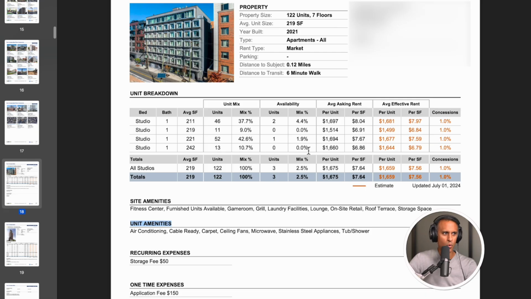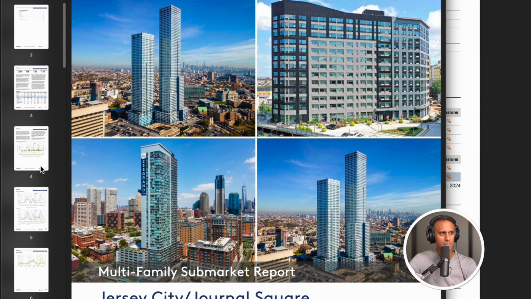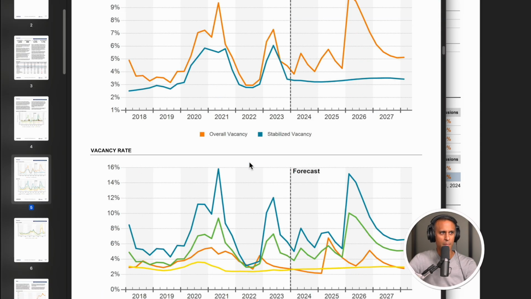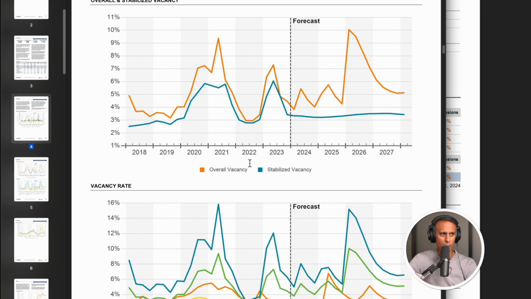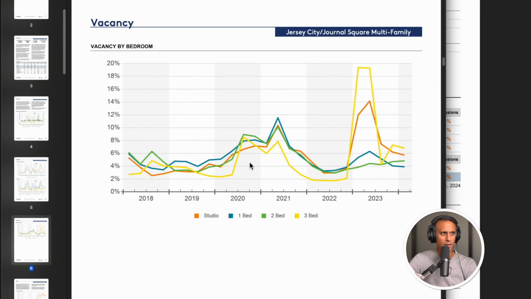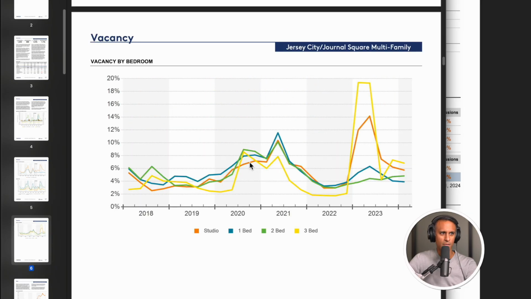For example, there's a report that CoStar has called a submarket report that gives you really big picture views of what's happening in the overall market. Here's one that's vacancy by bedroom: are studios, 1s, 2s, 3s performing differently from each other?